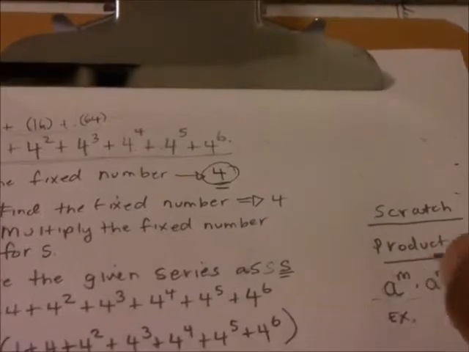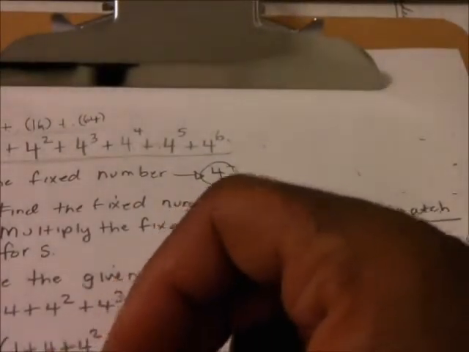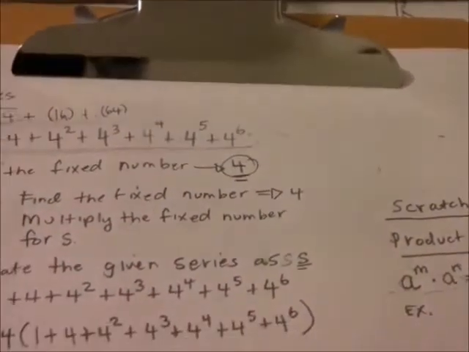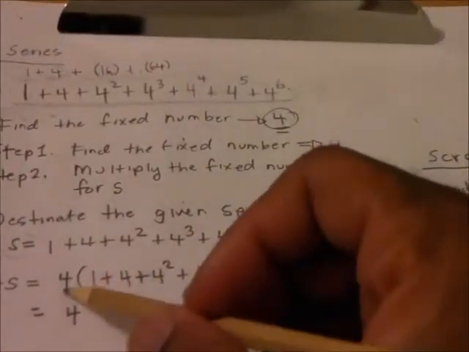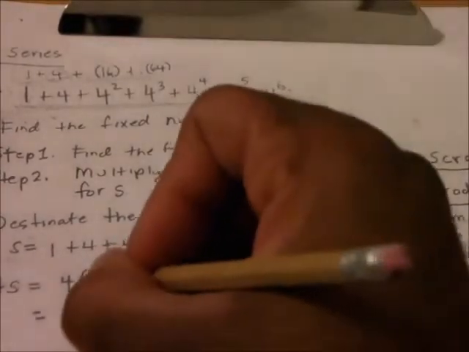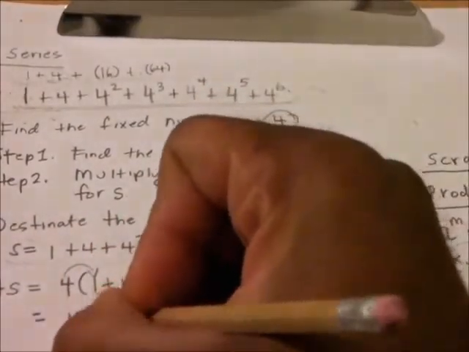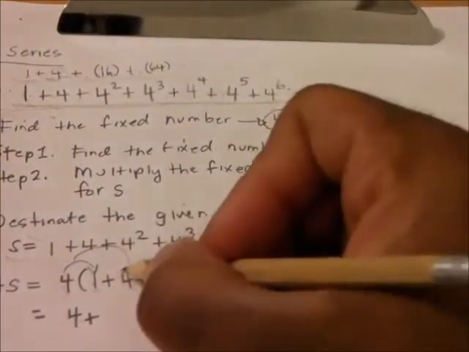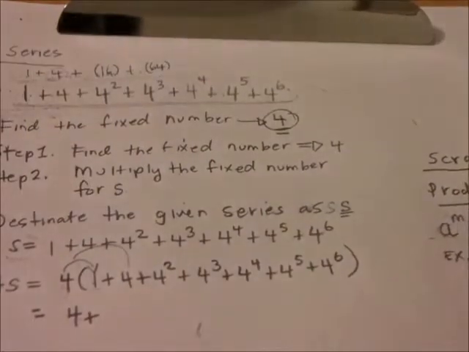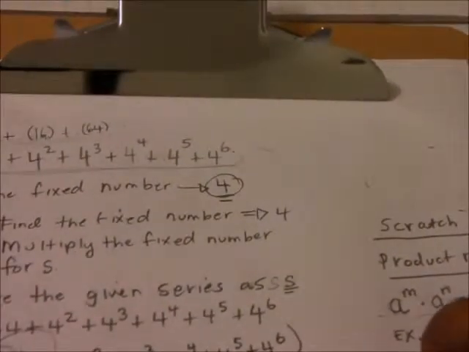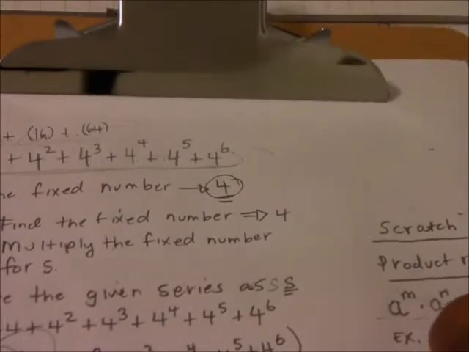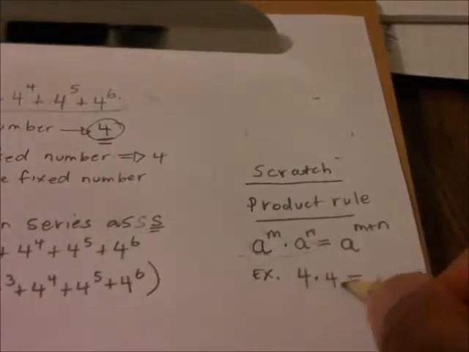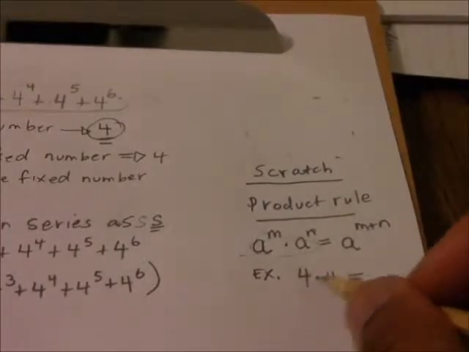the first one. Since we're going to multiply this by 4, when you multiply 4 times 1, that's 4. That's how we got this one. Plus, we multiply 4 times 4 to the first. When we multiply 4 times 4, they have the same bases.